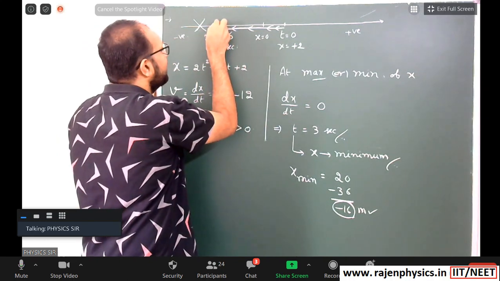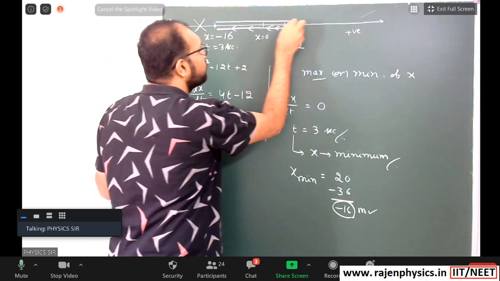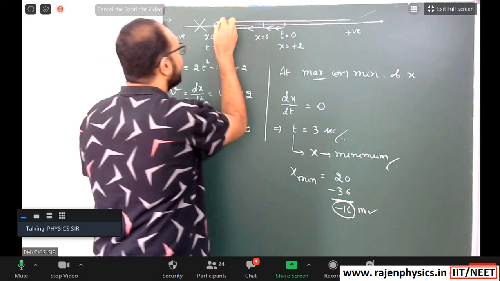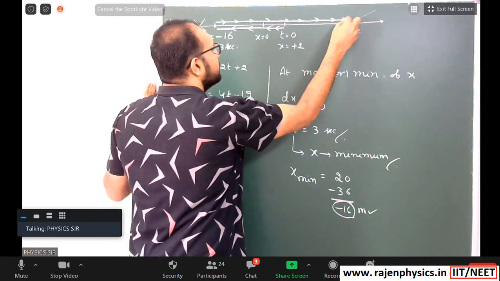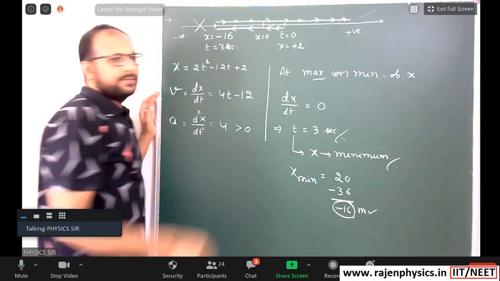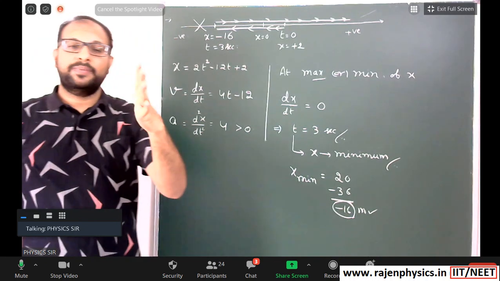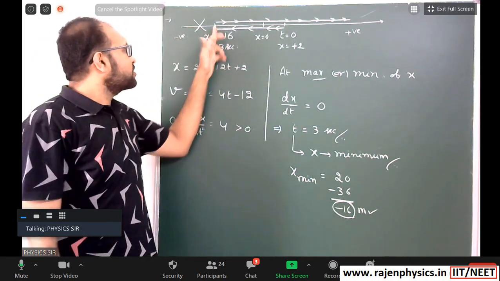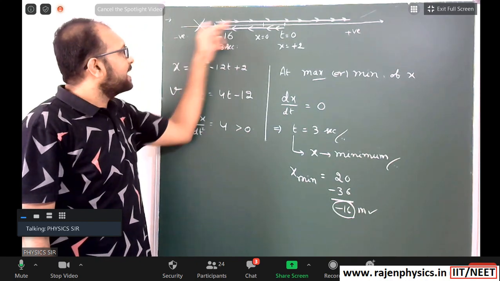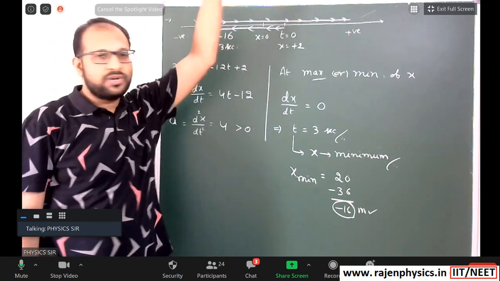After 3 seconds, the particle is moving in the rightward direction, like this, and it never stops. Once it starts at t equal to 3 seconds, moving to the right side, it never stops.